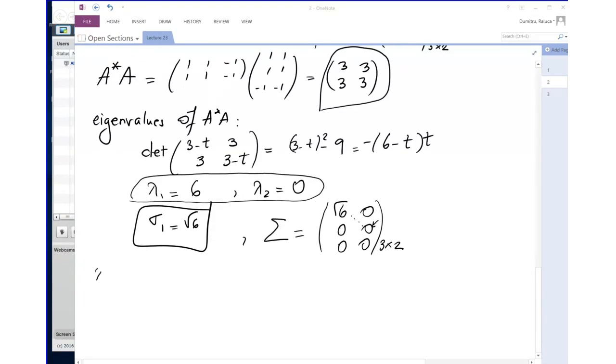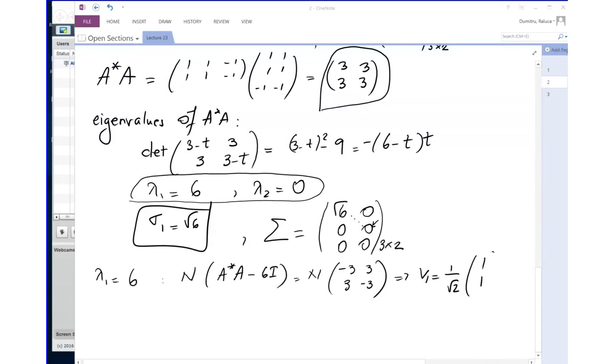So you start with lambda 1 equals 6, and then you find the null space of the matrix A star A minus 6 identity, which is negative 3, 3, 3, negative 3 if you subtract 6 off the main diagonal. You'll get the vector 1, 1, but you normalize it, because remember, you need to make it an orthonormal basis. So 1 over the square root of 2 times that.